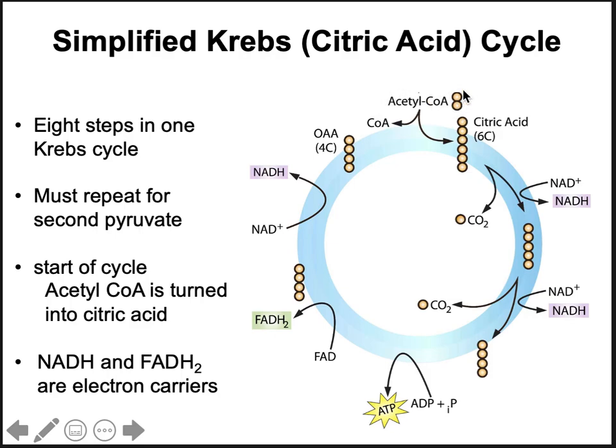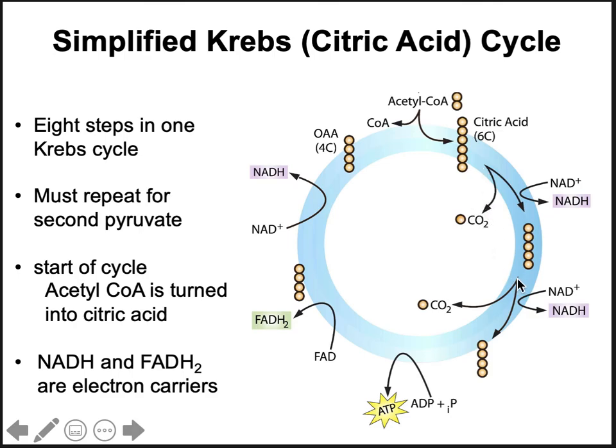You put in your acetyl-CoA, you get citric acid, you carry out another enzyme, right? So you have an enzyme here taking acetyl-CoA and producing citric acid. You have another enzyme here that's going to reduce NAD plus to NADH. You're going to have another enzyme that's going to decarboxylate, and you're going to get CO2.